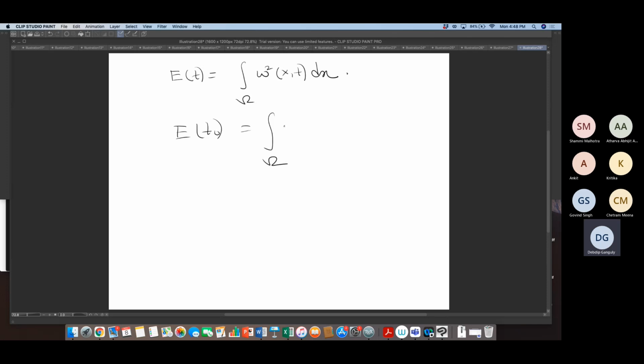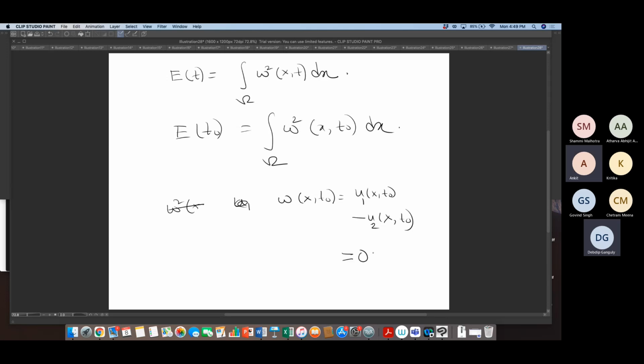This is omega squared at t naught, where omega of x, t naught is u of x, t naught minus u1 of x, t naught, u2 of x, t naught. And what is the hypothesis? What is w of x, t naught? It is u1 of x, t naught minus u of x, t naught. What is the hypothesis? That means w squared is 0. So e of t naught is 0.